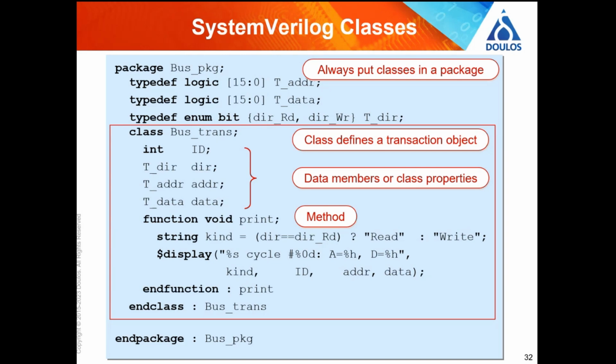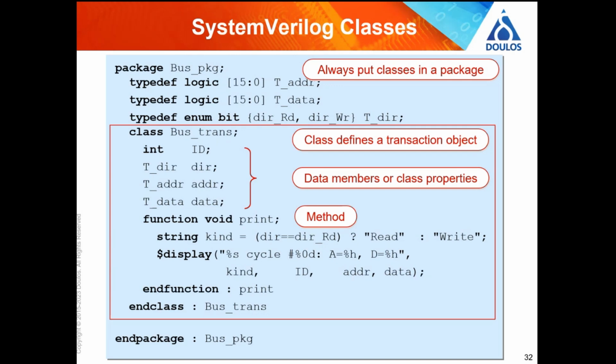And then here we have a function that's bundled up with the class. If you know object-oriented design, you'll know that that is a method. This particular one displays the transaction in a human readable way. And a real transaction would have other methods. Perhaps you'd want to copy your transaction or compare it with another one and so on.